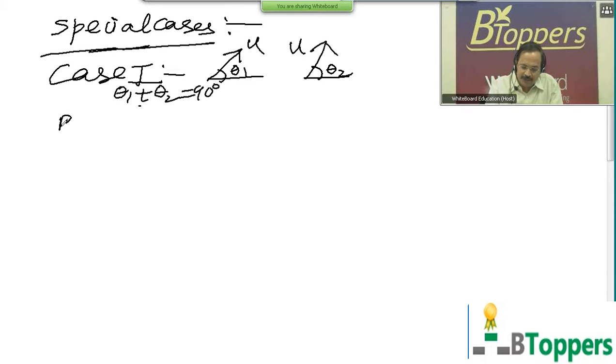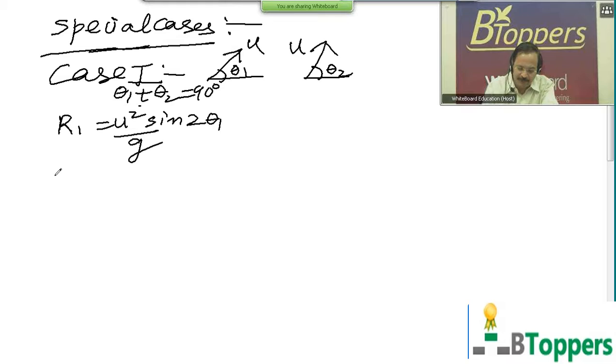So the horizontal range of the first projectile is denoted by R1. That is given by u square sine 2 theta 1 by g. The horizontal range of the second projectile is given by R2 equal to u square sine 2 theta 2 by g.